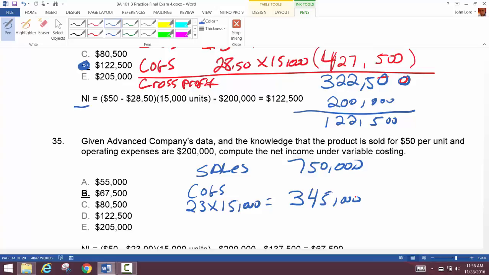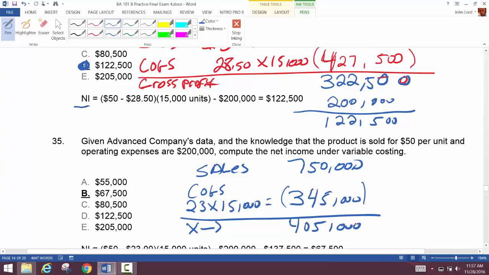Because for me to call it contribution margin, I'd have to have all the variable cost up there, and I don't know which of those selling and administrative is variable in this problem. But what's the difference here? I'll call it number X here. 405,000? Okay. So I've got this 405,000.